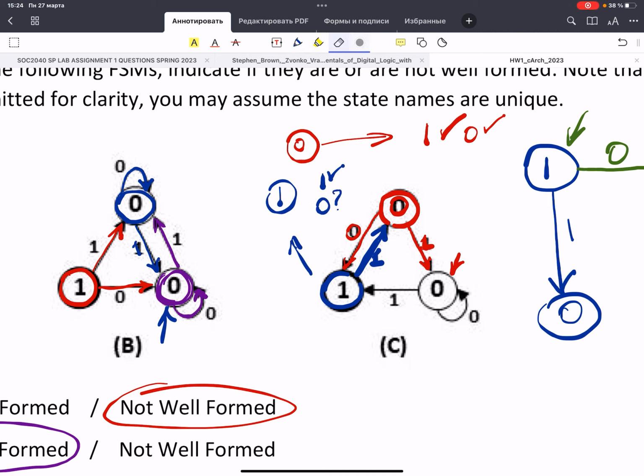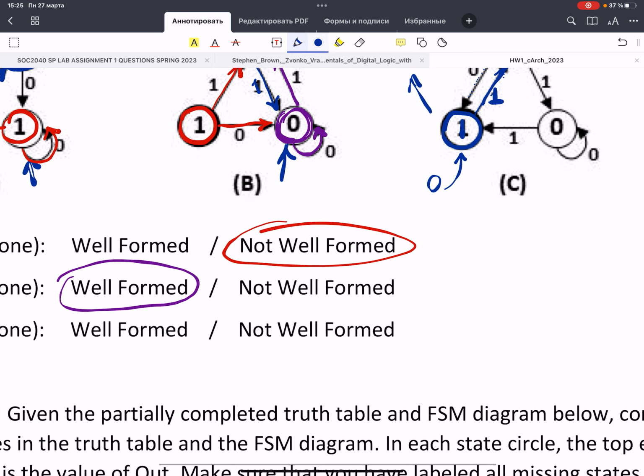Let me first clean everything in red, because we already studied it. So if 1, done. But what about 0? You can see it's coming here. So no next state is given if input is 0. So we don't know what state comes if we give input 0 to this state. So that's why this is not well formed.